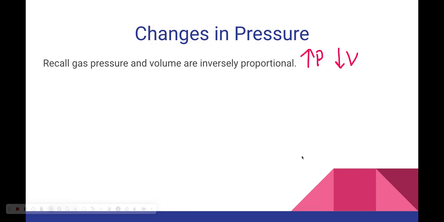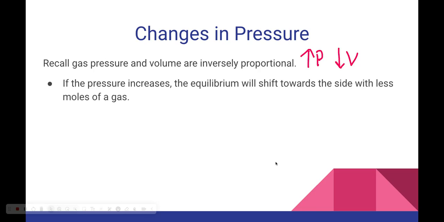Well, that's important as we come up with how Le Chatelier's principle is going to work here. So if we increase the pressure of a gas, then the equilibrium is going to shift towards the side with fewer moles of that gas. So I'm increasing my gas pressure, and the way that my equilibrium responds is it goes to the side with fewer moles of the gas, okay?